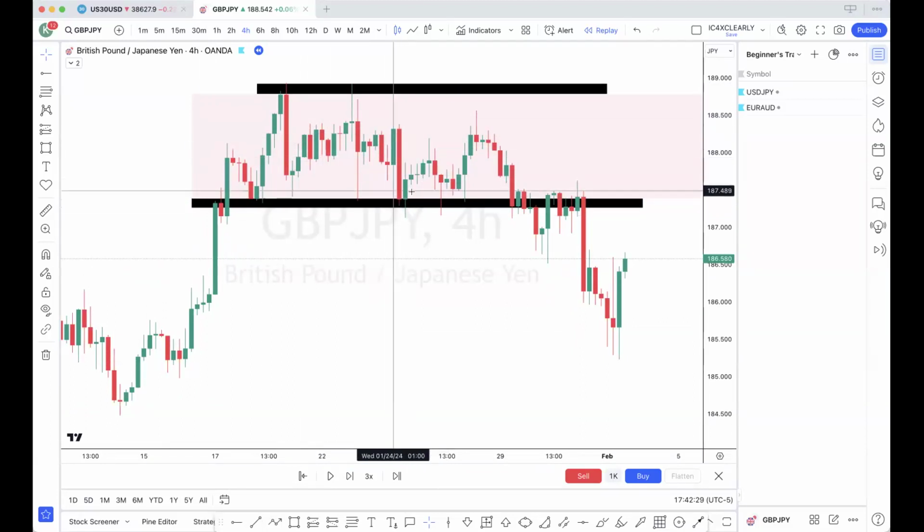So now you're looking for entry to take back up to this zone. Now it didn't go all the way up to this zone, but it did go up. You still have to keep in mind that this came back up because we have an order block here, right? So price pushed up into that order block, reacted, and sold back down to the zone.